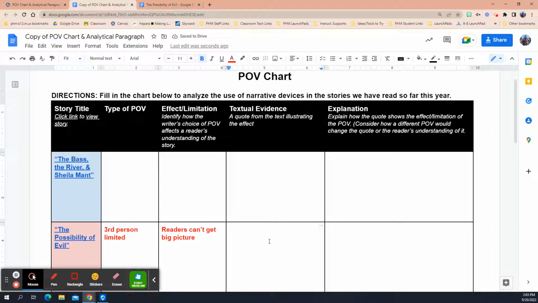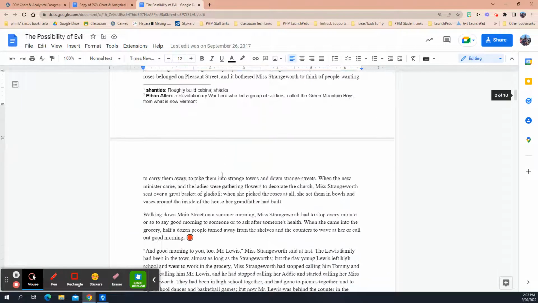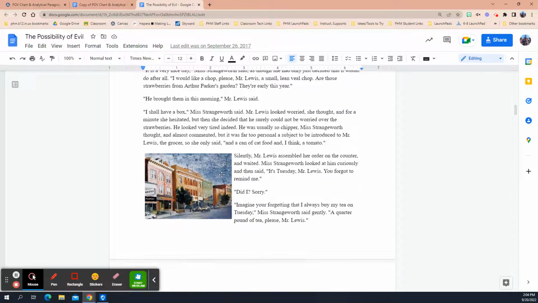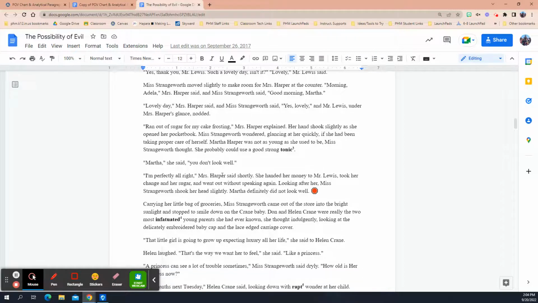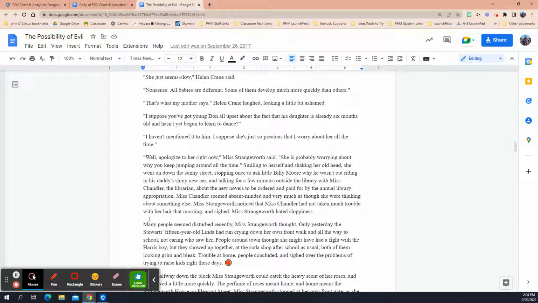Then when you go to your textual evidence and your explanation, that's where I'm going to quote the story in a moment where I don't get the big picture, and also tell what I'm missing. So when I go back to the story, one of the things that stands out to me is the idea that people are unhappy, seeming disturbed lately.